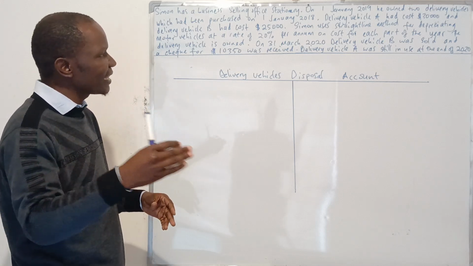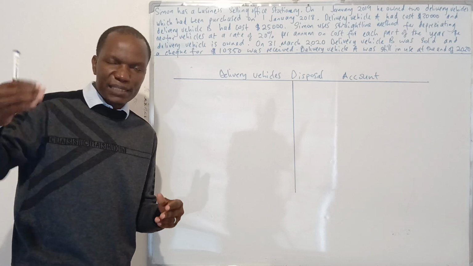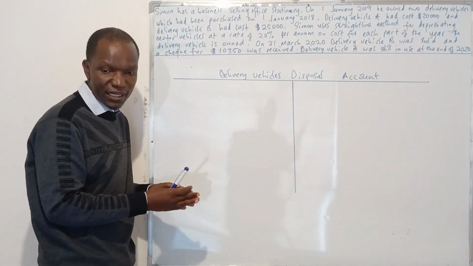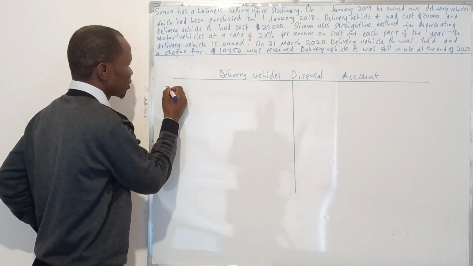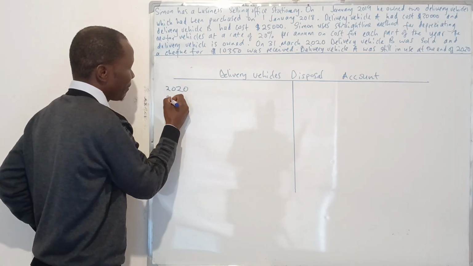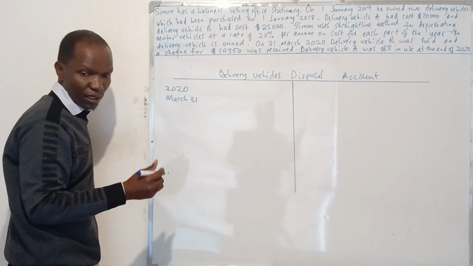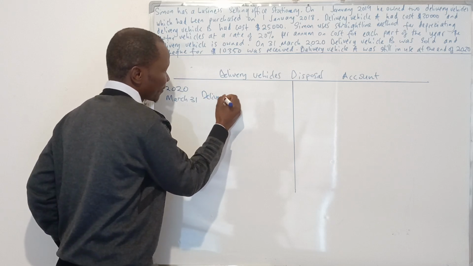So when it's credited in the non-current asset account, the corresponding entry would be to debit the what? The disposals account. So we come here, on the same date, 2020 March 31, and we say delivery vehicle. That's where it is coming from.